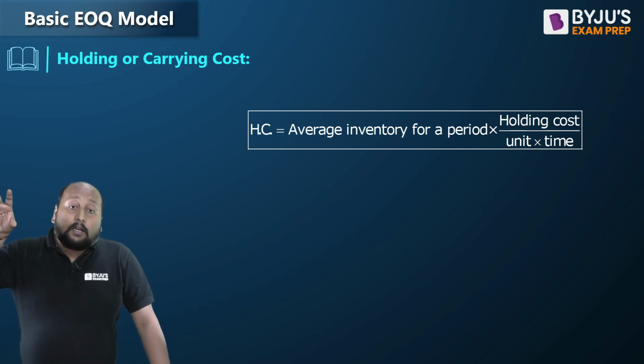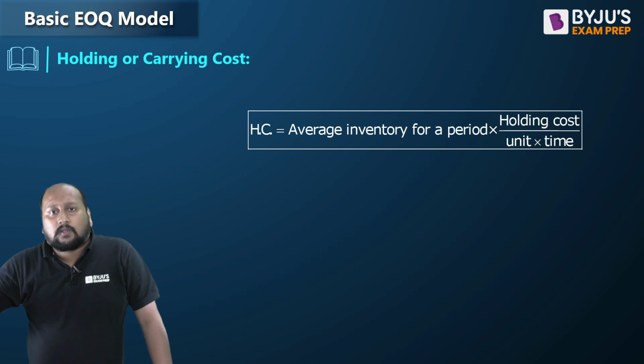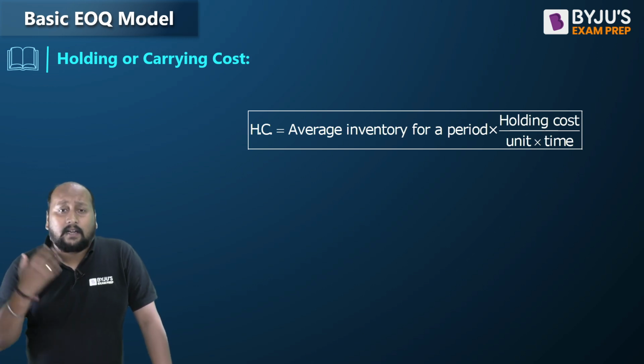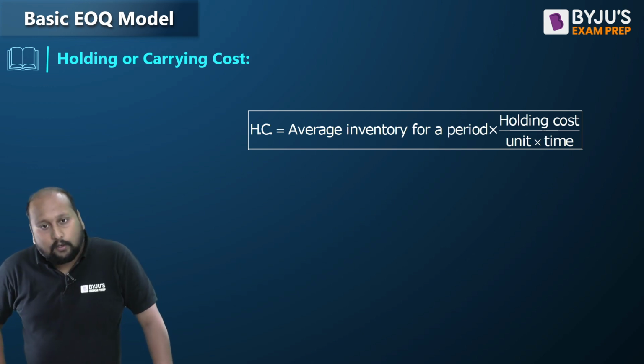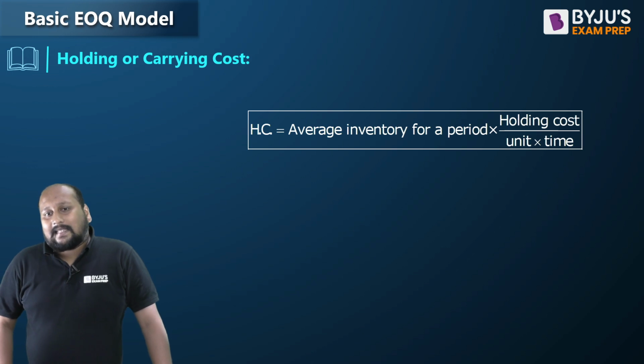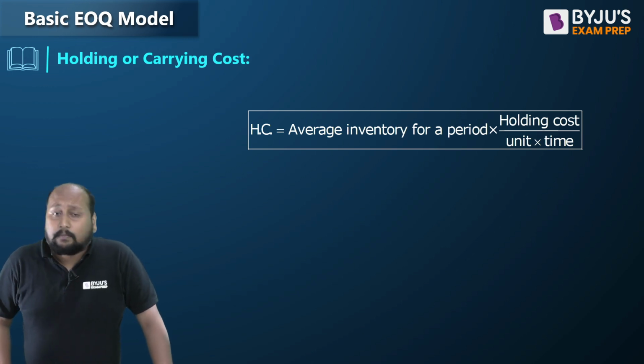Or security CCTV cameras being installed, or the security man, the armed security man. So all the cost associated with keeping that material safe and sound will be called the holding cost, right? Which we can define as average inventory for a period into holding cost per unit time.